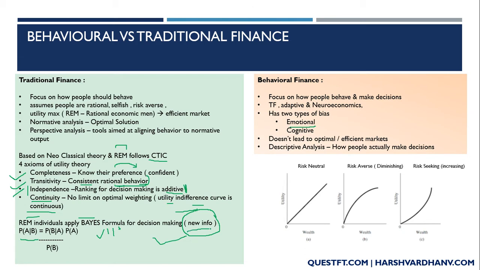But if I don't incorporate that information in my model or my thinking or my investment objective, then that is a problem, right? But what the author over here is saying is that a rational economic man will use a probability based calculation to adjust for new information and see what will be the impact on his probability based on the new information.